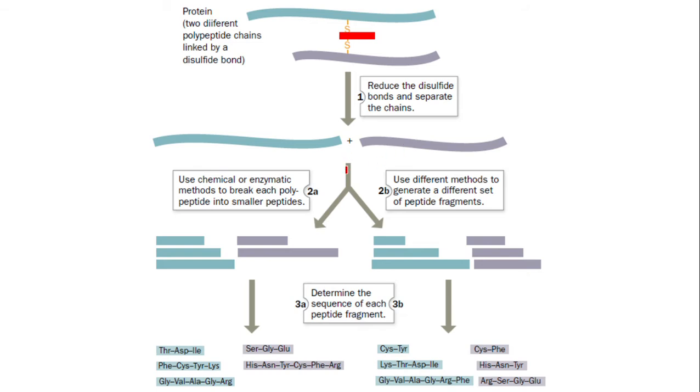Now we have the chains in different test tubes. Use a chemical or enzymatic method to break each polypeptide into smaller fragments. Remember, we have these polypeptides in one test tube and these in another.